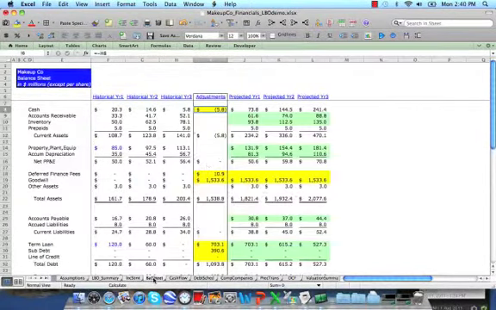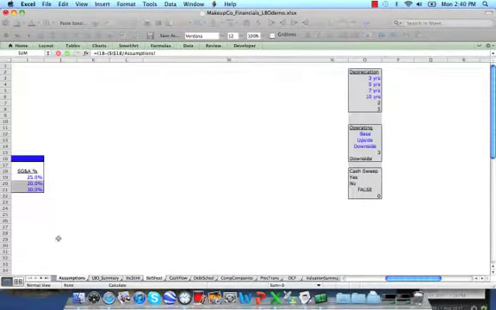Let's move over to our balance sheet. And let's start with row 18. So let's reflect the fact that those finance fees are being amortized. So our formula here is just going to be, let's have it equal the previous year less our opening amount, which we'll lock, divided by that year assumption.